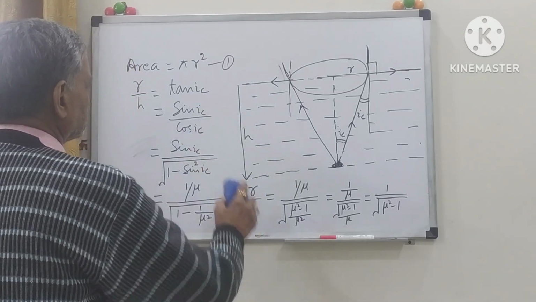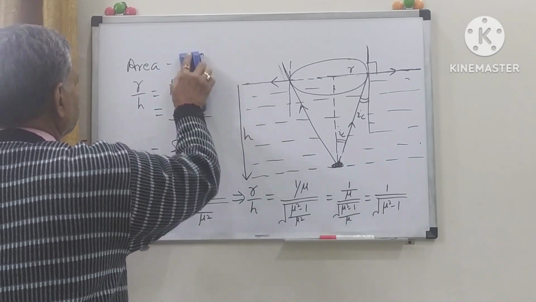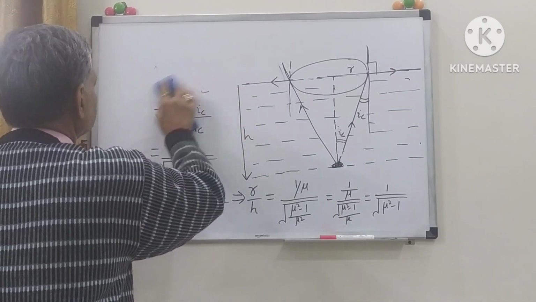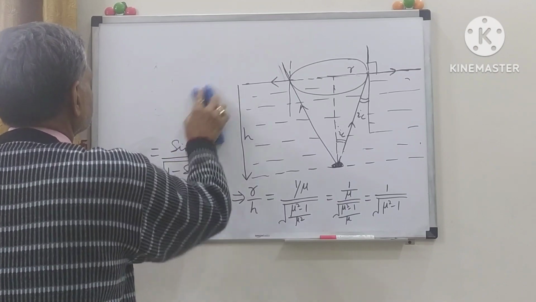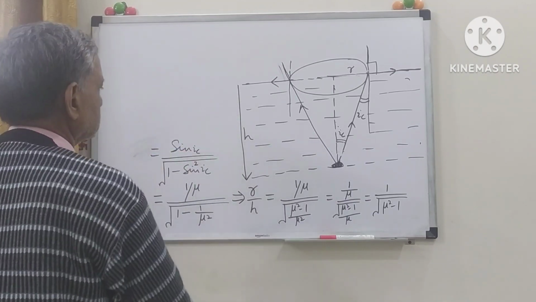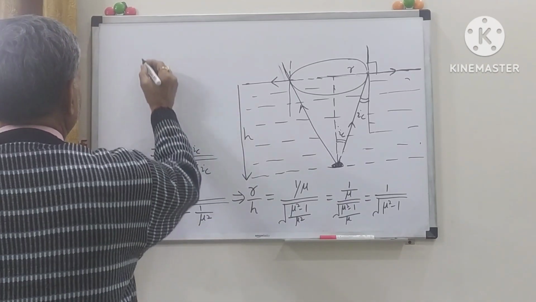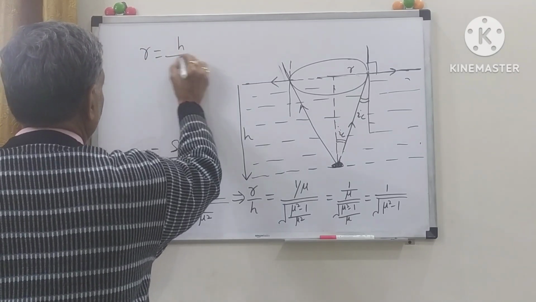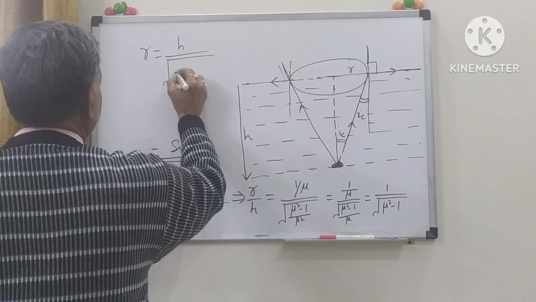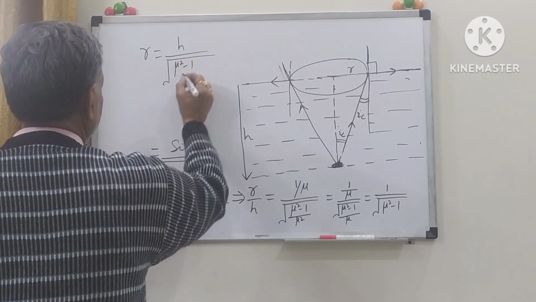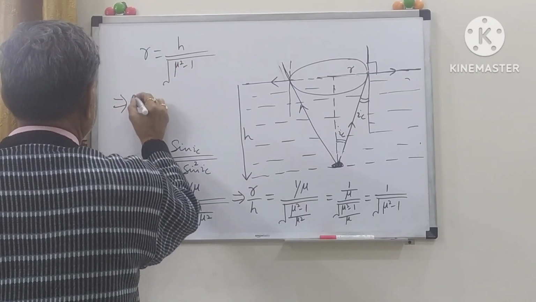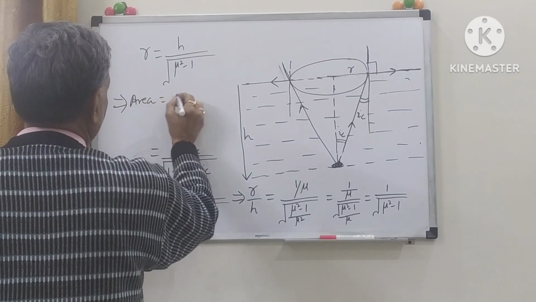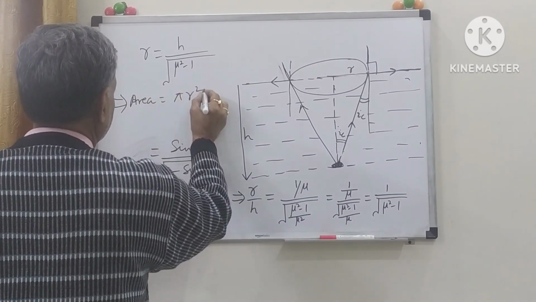Alright. So you will get R is equal to h upon root of mu square minus 1. It means area is equal to pi R square.